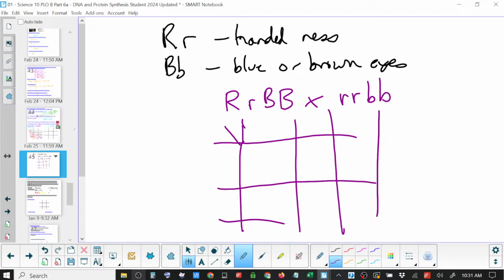So what percentage of their kids would have brown eyes, blue eyes, left-handed, right-handed, and then the genotype, the percentages for each one. I'm not going to put you in groups, but I'm going to say do it at the board and get into groups. No larger than 3, no smaller than 2. Find your people, go to the board, and do this cross. Mr. Neufeld's parents.